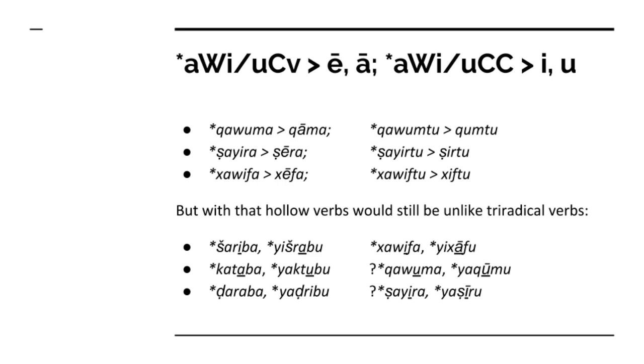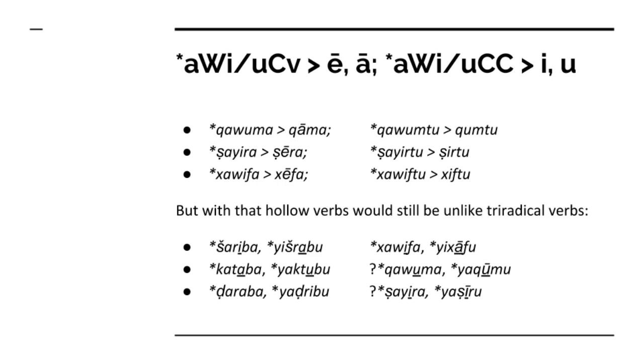But forms that have a u vowel in the imperfect, you would expect to have an a vowel in the perfect, like kataba yaktubu. So you would actually expect qawama yaqumu and not qawuma yaqumu. And the same with the i vowel in the imperfect, daraba yadribu. So you would expect something like sayara yasiru and not sayira yasiru. So they have both u vowels and i vowels in a place where normal triradical verbs would never have that.